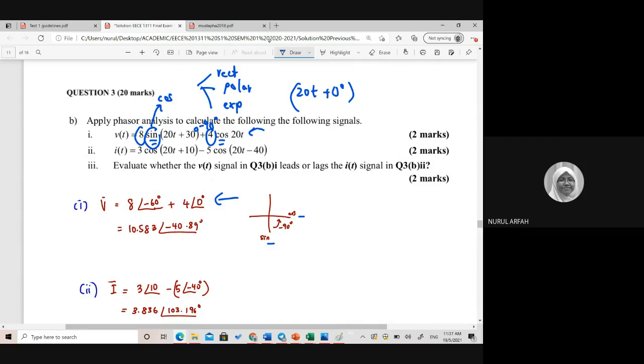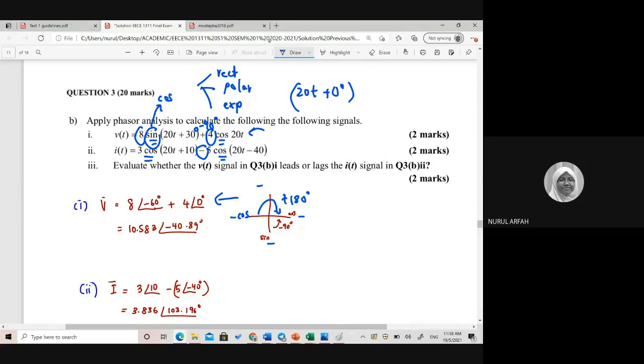For the second part, this is cosine, and this is also cosine. But if you look at here, this is with a negative, right? Negative cosine. Sometimes you can convert it to plus cosine, but if you do not want to, then still okay. This one is negative cosine, so if you want to convert it, you have to plus 180 degree, because one quadrant is 90 degree.